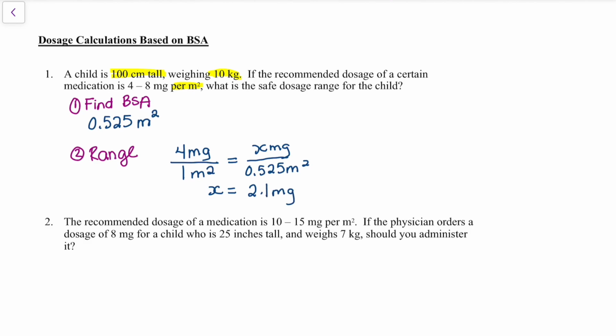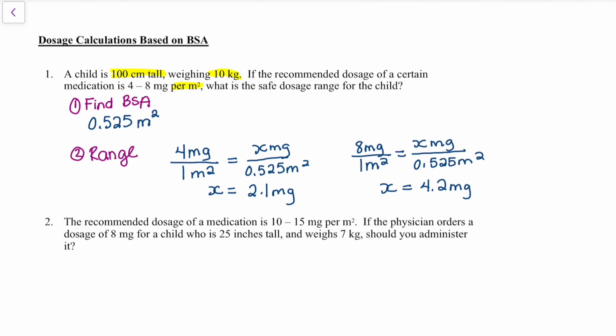And then I need to do the higher part of that range. So 8 milligrams over 1 meter squared. Again, you could probably times this by 2, but I'm going to continue with our ratio and proportion just to practice. And I get x equals 8 times 0.525, and I get 4.2 milligrams.